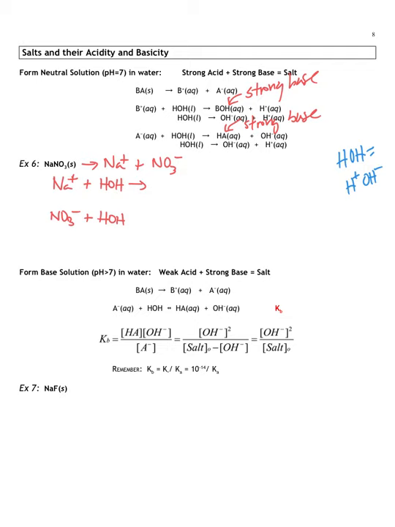I'm going to attach Na plus with OH minus to make sodium hydroxide, leaving me with H plus kicked out here by itself. Now, I'm going to do the same thing here. The nitrate is a negative ion, so it's going to attach to the hydrogen ion. So it's going to make nitric acid, which is HNO3, and then the OH minus is what's left out.